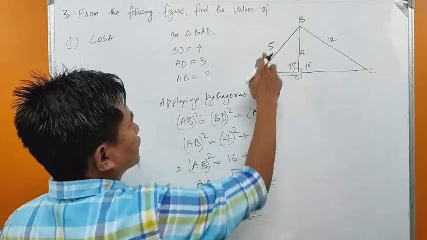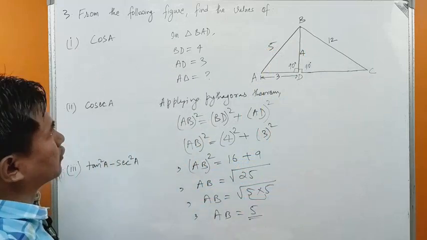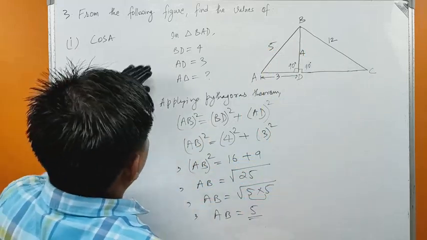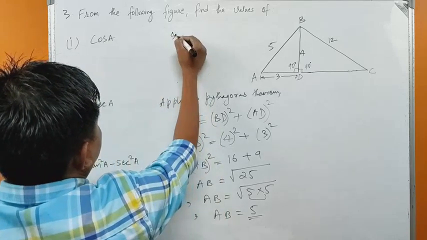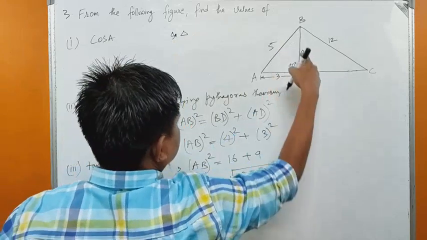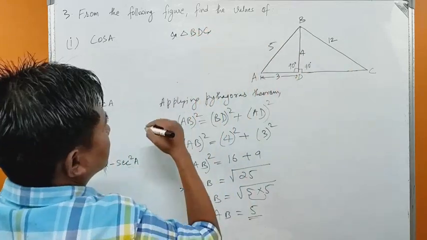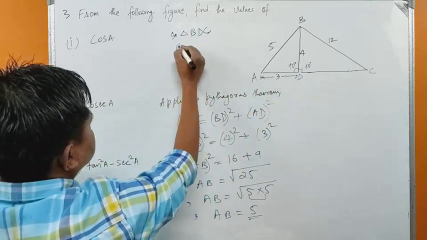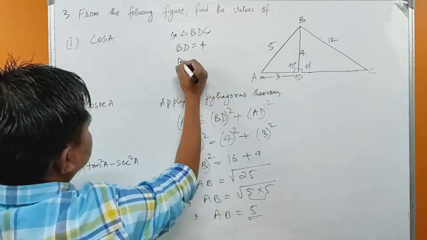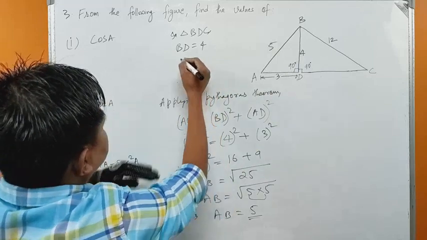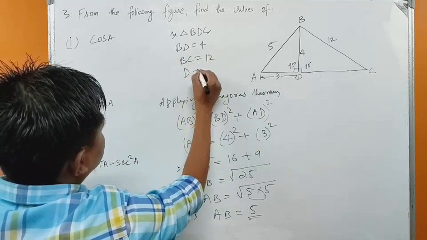Okay, now let us find the value of DC as well, applying Pythagoras theorem in the similar way. So in triangle BDC, BD is given to us, BD perpendicular, that is 4, BC is hypotenuse, BC is given to us, BC equals 12, and DC is not given to us, isn't it?